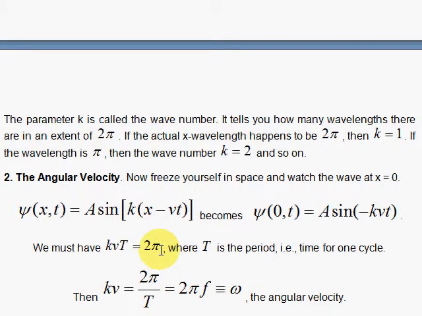The time analysis version of what we did earlier in the space analysis. When you do that, you see kv is 2 pi over T, and that brings us to 2 pi times the frequency, which is what's called the angular frequency, 2 pi f.